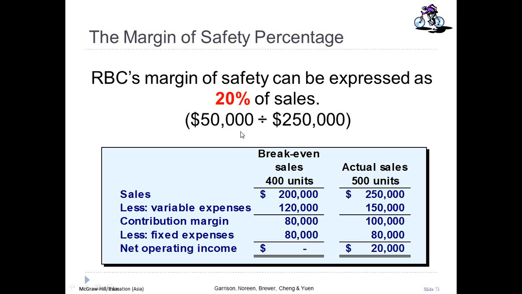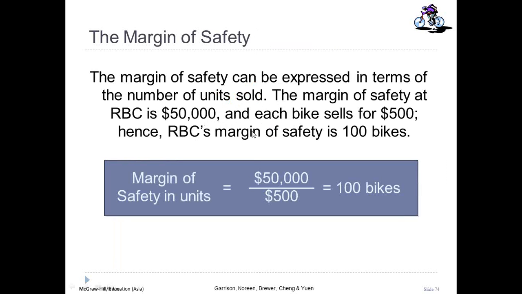20% of sales is our margin of safety percentage. $50,000 divided by $500 per bike, that's our sales price, gives us 100 bikes. So the margin of safety in units sold is 100 bikes.